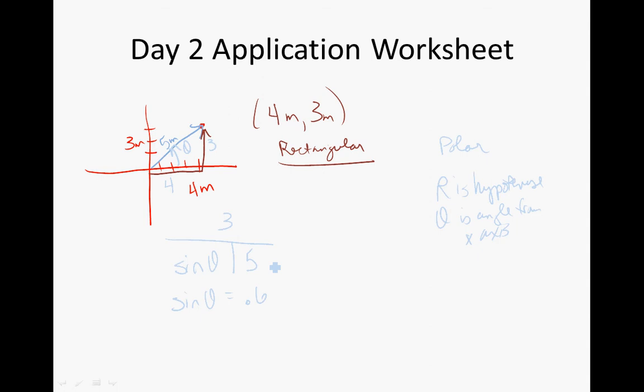So if I want to find what angle is associated with a ratio of 0.6, that would be the inverse function. So the inverse sine of 0.6 yields a 36.87 degree angle.